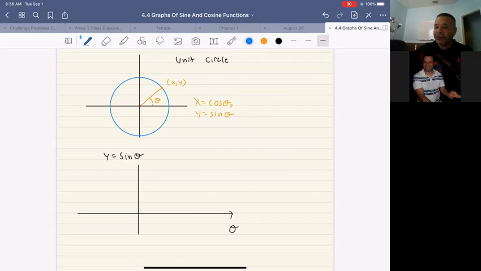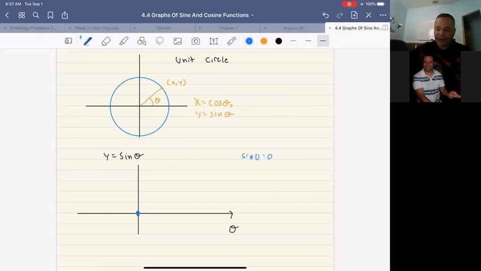Well, I'm only going to really take 4 points. I'm going to take this point, this point, this point, and this point. So when theta is 0, this point here is 1 comma 0, so the y coordinate is 0. So I'm going to start with sine of 0 being 0.